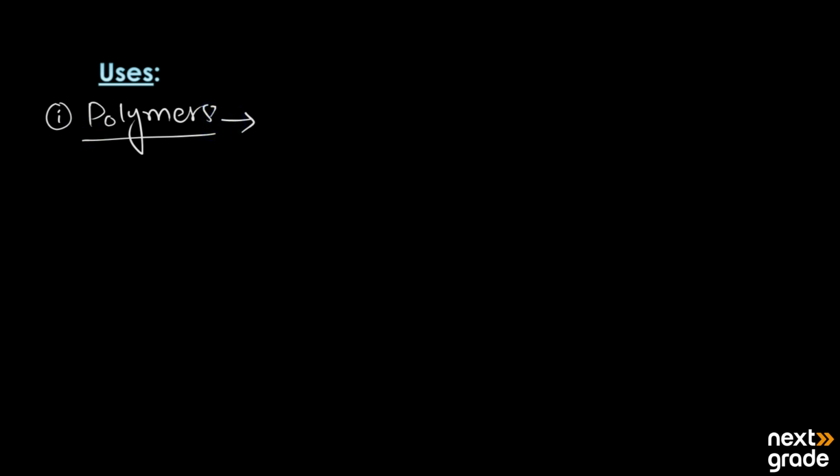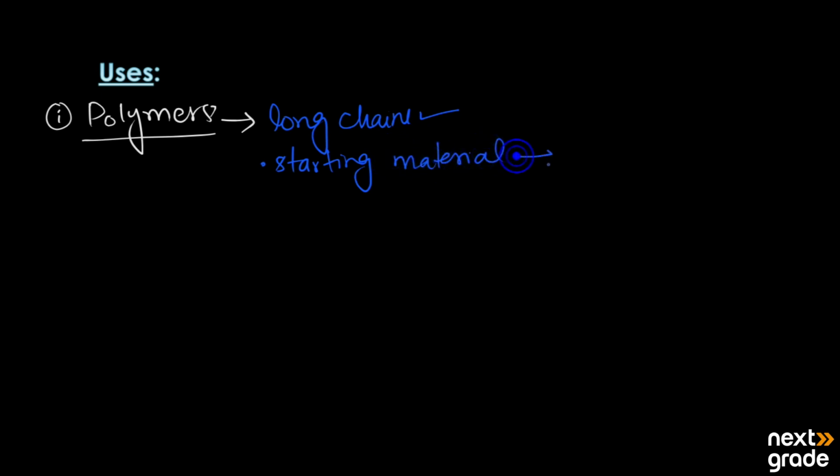The word polymer means long chains, and these long chains are used as a starting material for the production of many organic compounds, and we can make a lot of compounds.